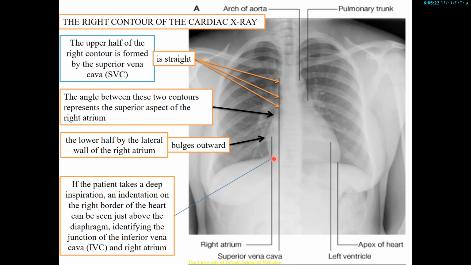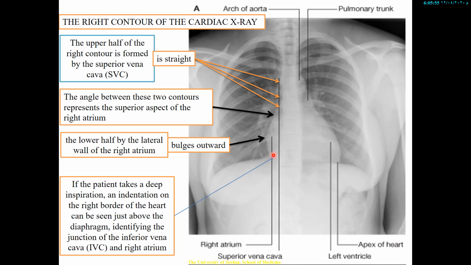So the main things that you can and should follow on the right side of the heart are, of course, a straight superior border of the superior vena cava, followed by the contours of the right atrium, and finally the place where the inferior vena cava joins the right atrium.